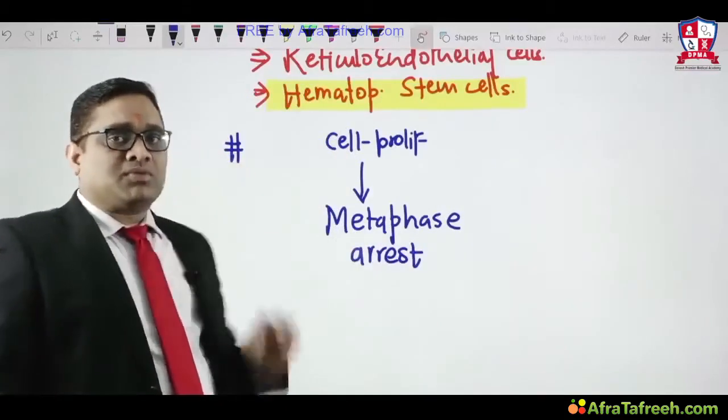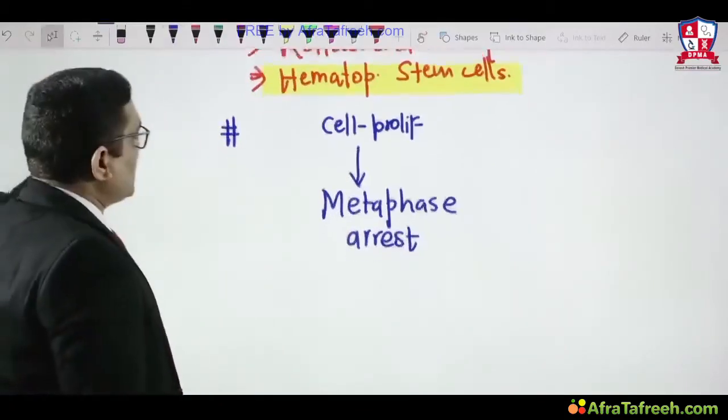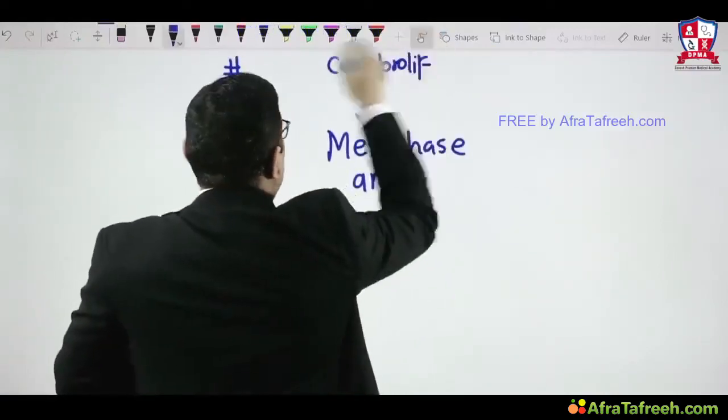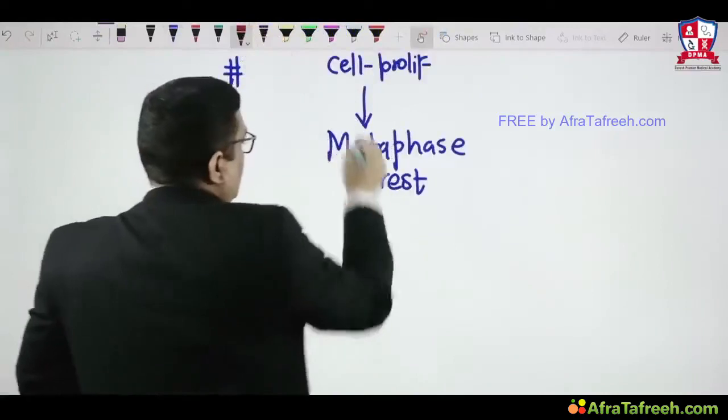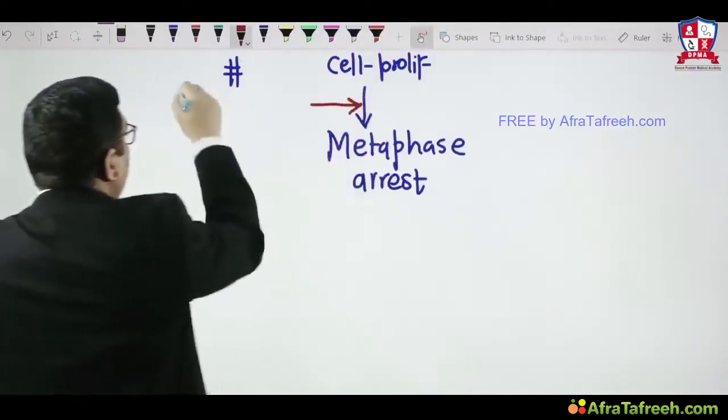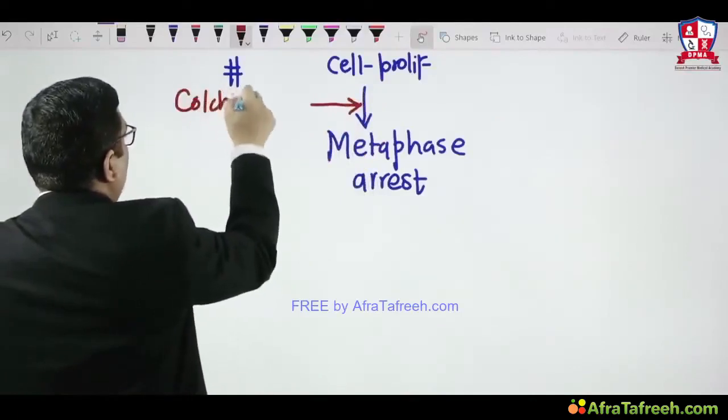Remember the words I am using: routine karyotyping is done at metaphase arrest only. When the cells are proliferating, routine karyotyping is done by metaphase arrest, and metaphase arrest is done by which alkaloid? Another important MCQ: colchicine.